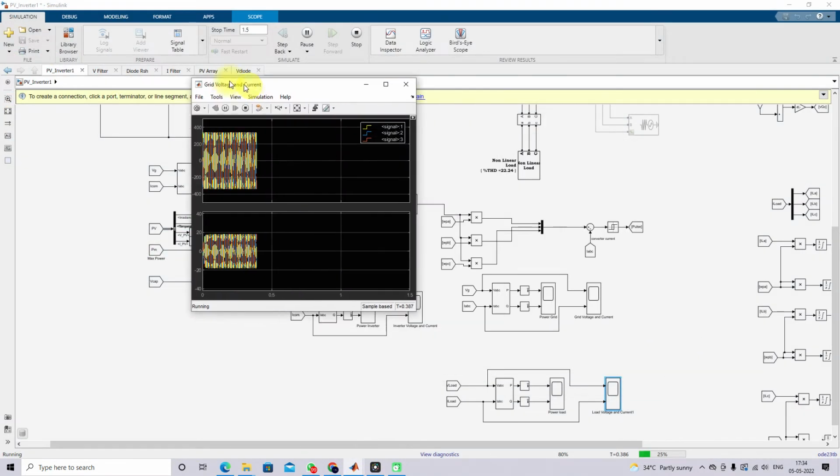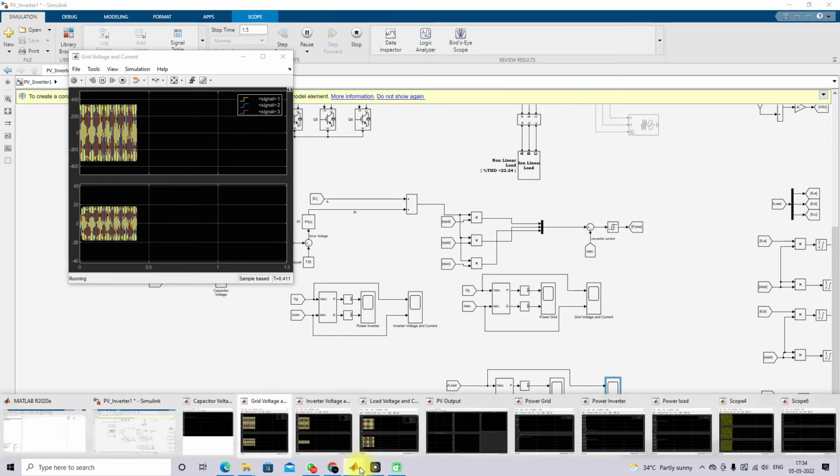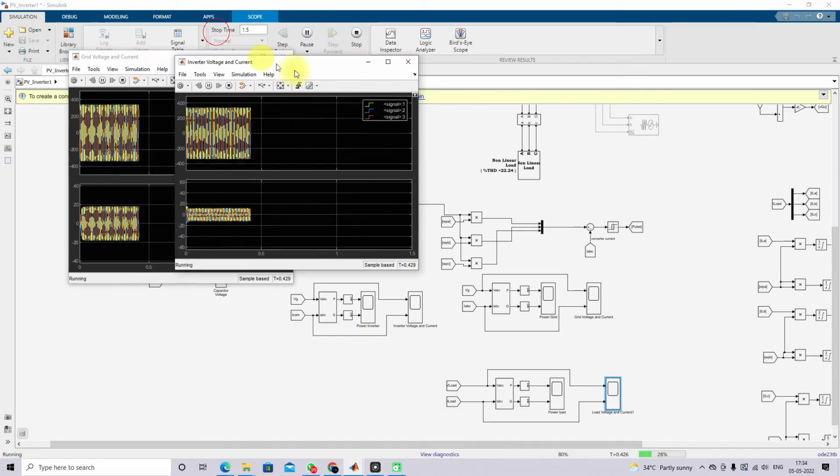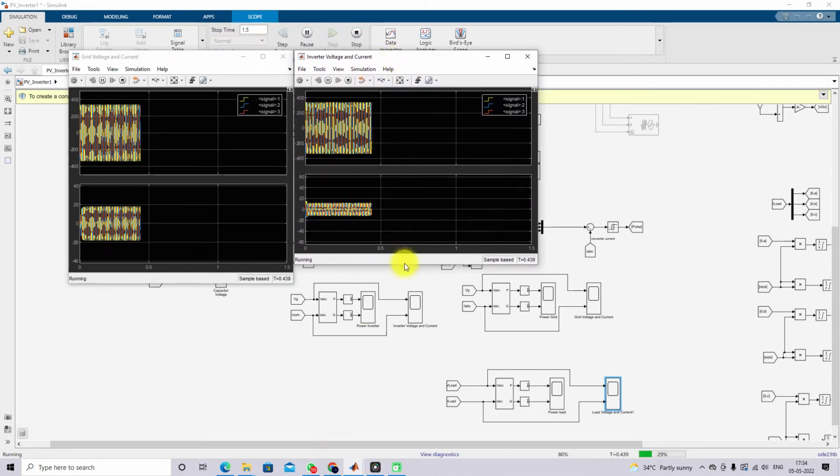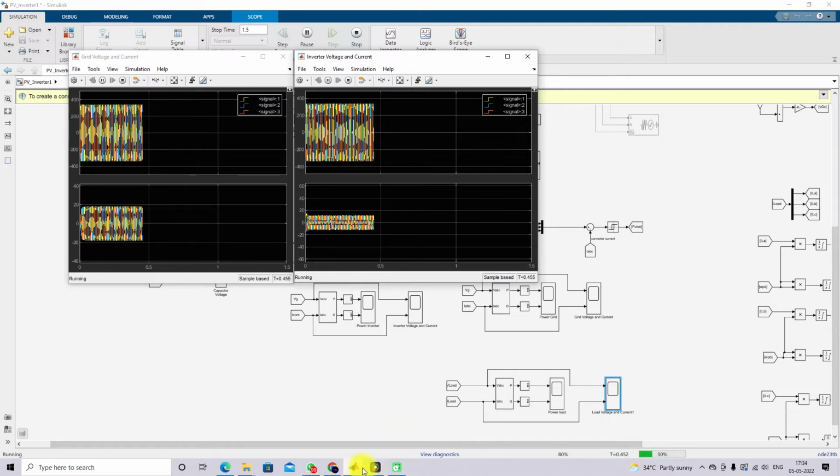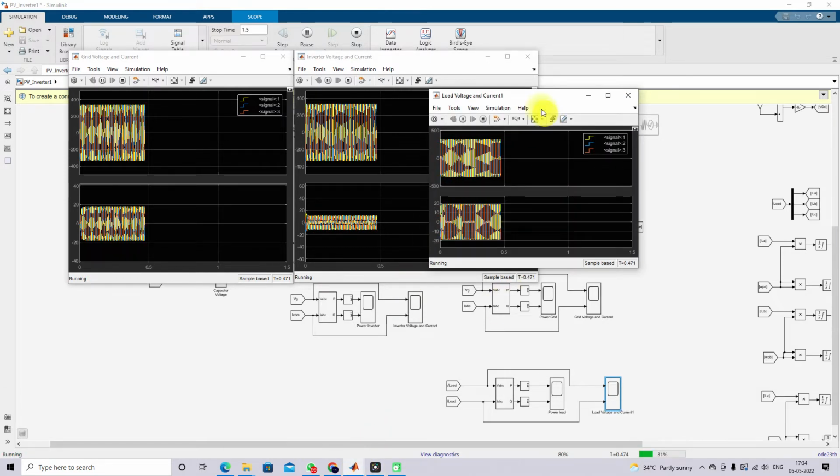So grid voltage, current, inverter voltage and current, and then load voltage and current.